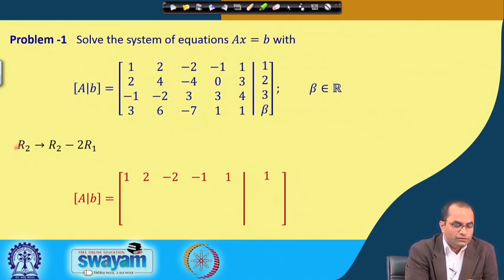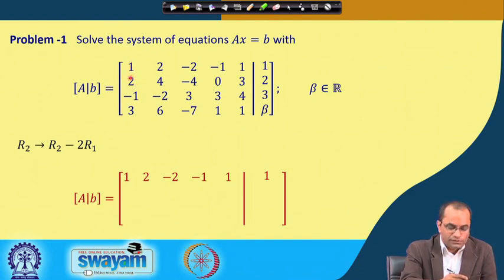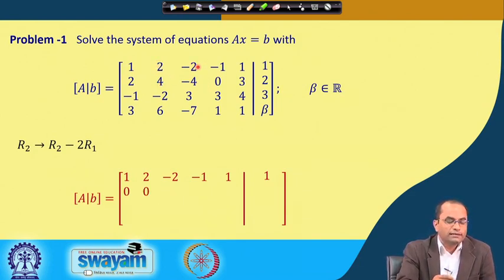So, the first elementary operation here: R2 we are taking as R2 minus 2 R1. So, R2 minus 2 times R1. This will become 0, and this 4 minus 2 times 2, again this is 0, here minus 4, and then this will be plus 4. So again this will become 0.